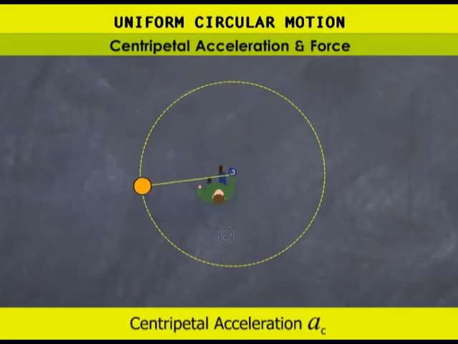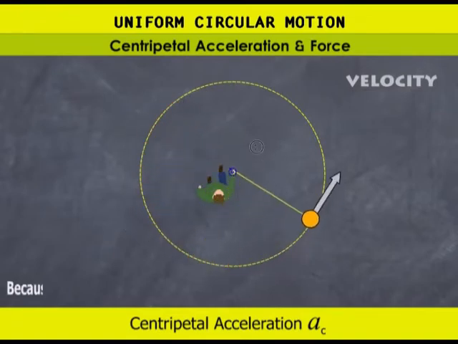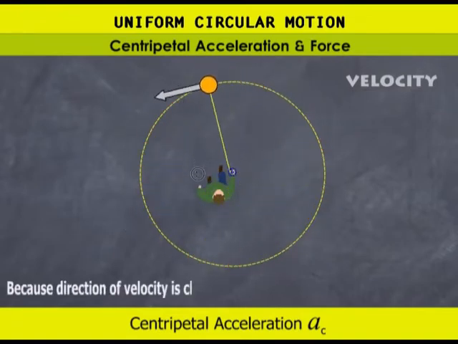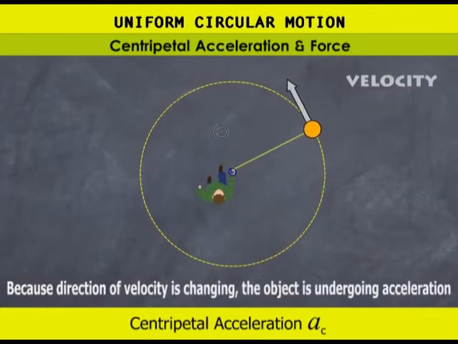Next, we look at centripetal acceleration and force. Now, we said that for a body moving in a uniform circular motion, the magnitude of its velocity remains constant, but its direction changes. And because the direction of velocity is changing, then the body is said to undergo acceleration.